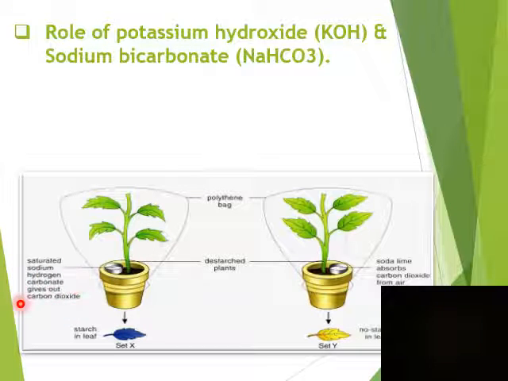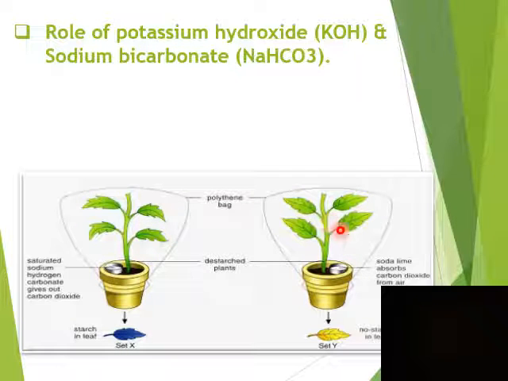It gives out carbon dioxide. It is releasing carbon dioxide. So this plant is green, contains chlorophyll, and contains carbon dioxide, and it is taking all the necessary conditions for photosynthesis. What about this leaf?